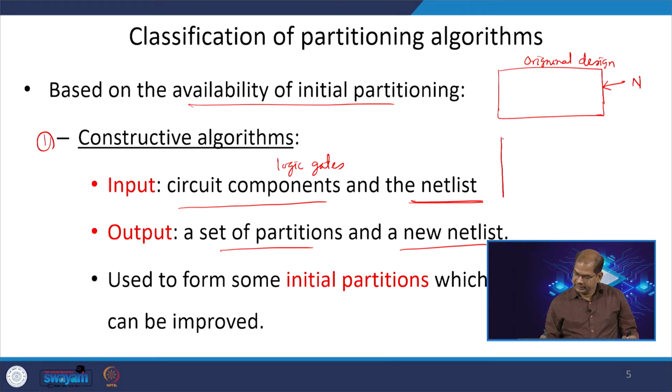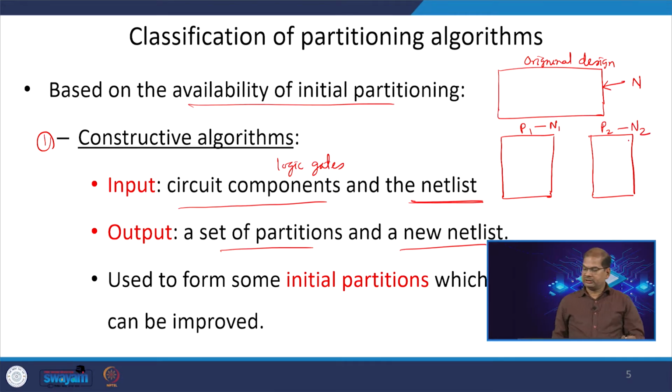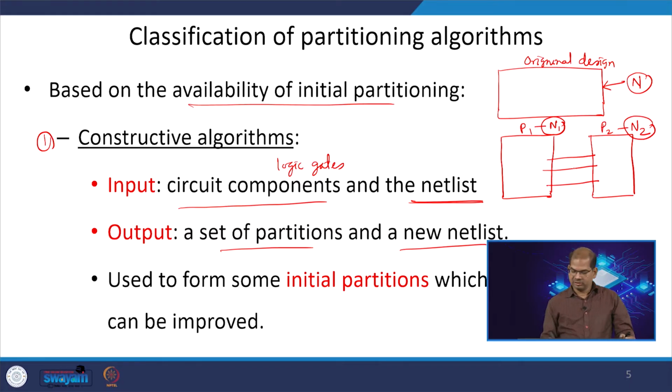Whenever I partition it into P 1 and P 2, I now have a netlist for P 1 that corresponds to n 1 and P 2 has a netlist that corresponds to n 2. So, this original design has a netlist n, and now I have two new netlists n 1 and n 2, but they are connected by some interconnect between them. That is why n 1 and n 2 are called the new netlists.